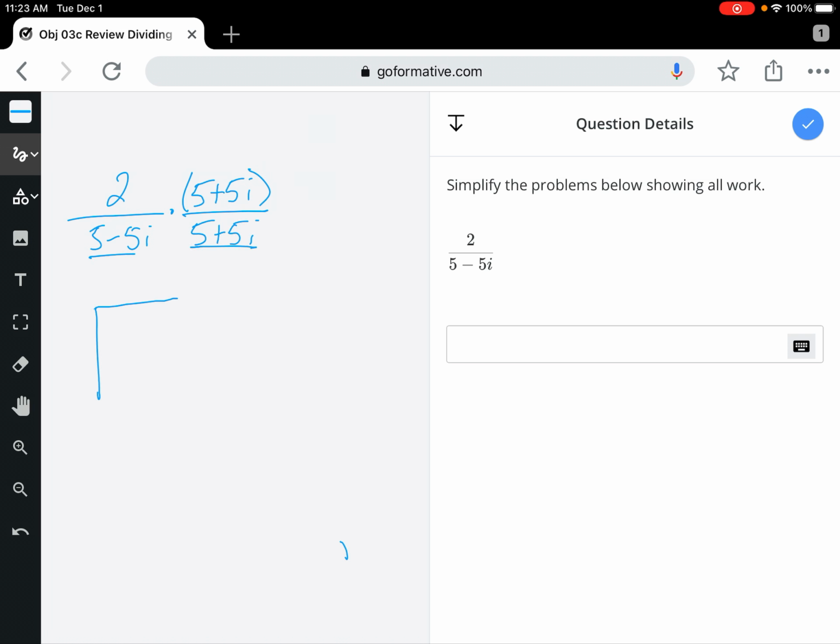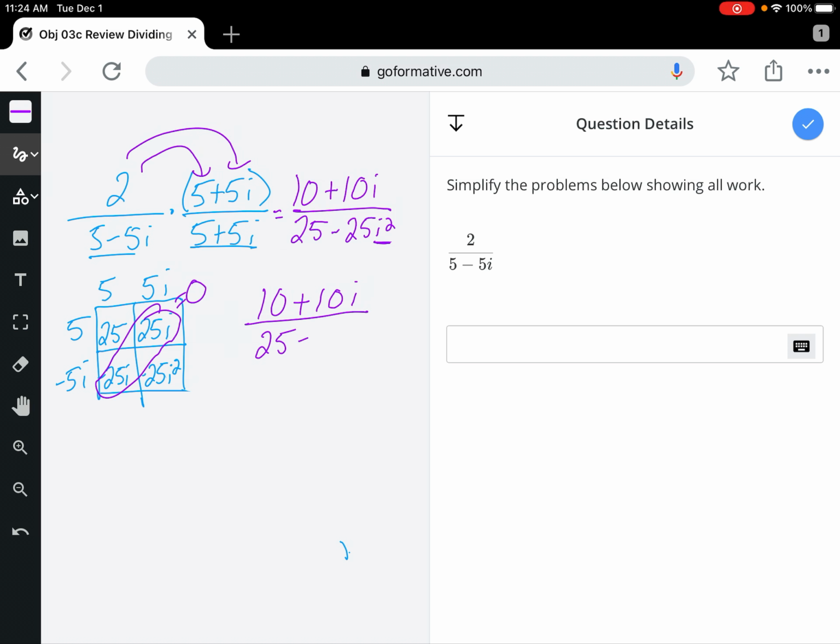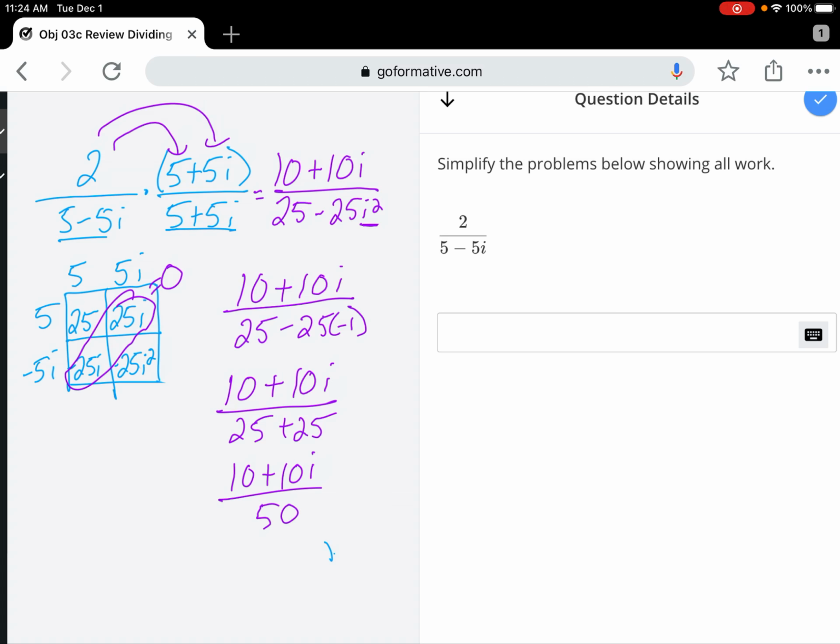So this is going to be 10 plus 10i over 25 minus 25 times negative 1. Some of you guys have that opposite thing down. 10 plus 10i over 25 plus 25. So now we have 10 plus 10i over 50.